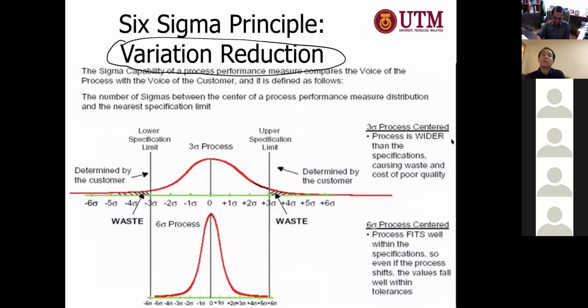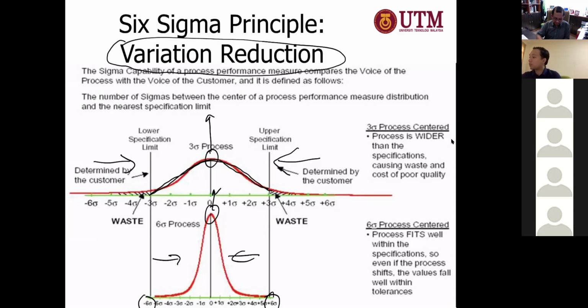Okay, this is 3 sigma. So we improve this to 6 sigma. We squeeze this. When we squeeze this, you will see that this peak increases, meaning the density increases. So by having this, we can reduce the variation.